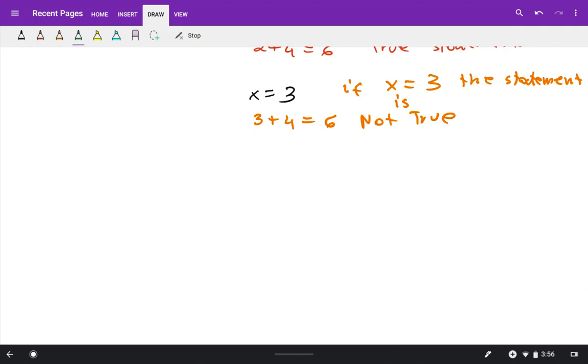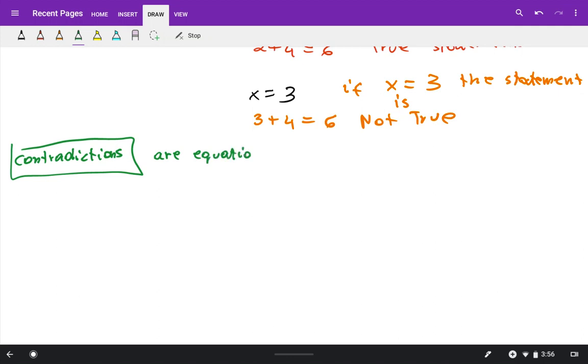Now, let's talk about the second definition, which is contradictions. You guys need to know what the contradictions are. So, contradictions are equations that have no solution.